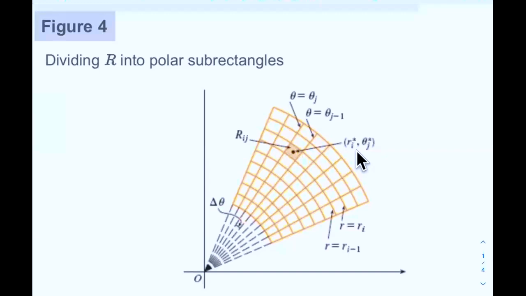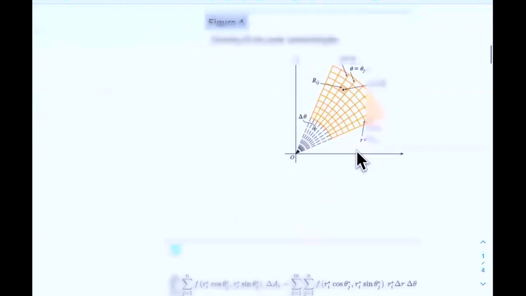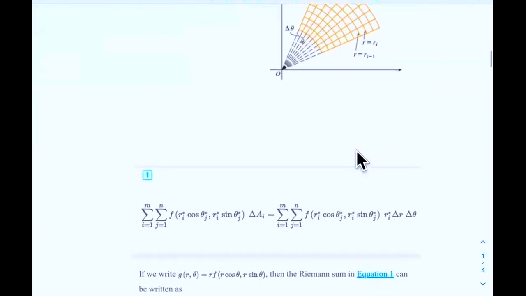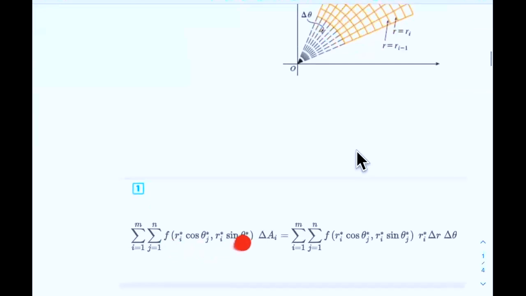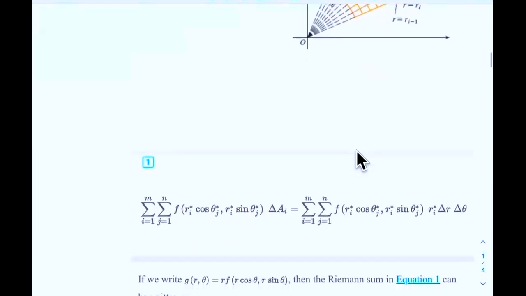Then you pick a point over here, name this ri star, theta j star, etc. And then you will find the Riemann sum. See this function over here.